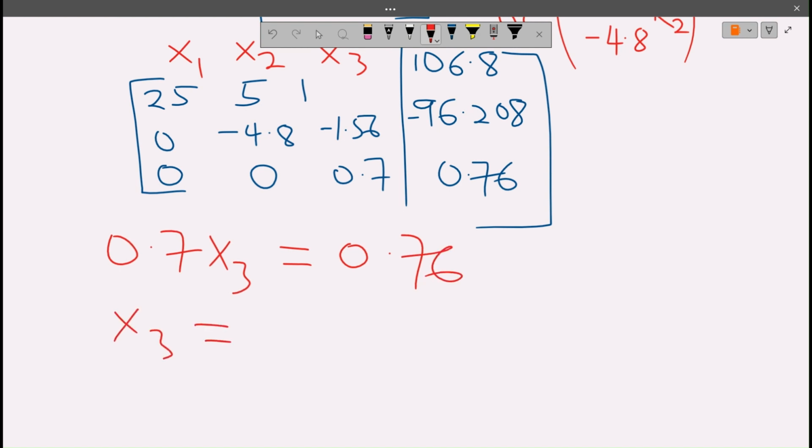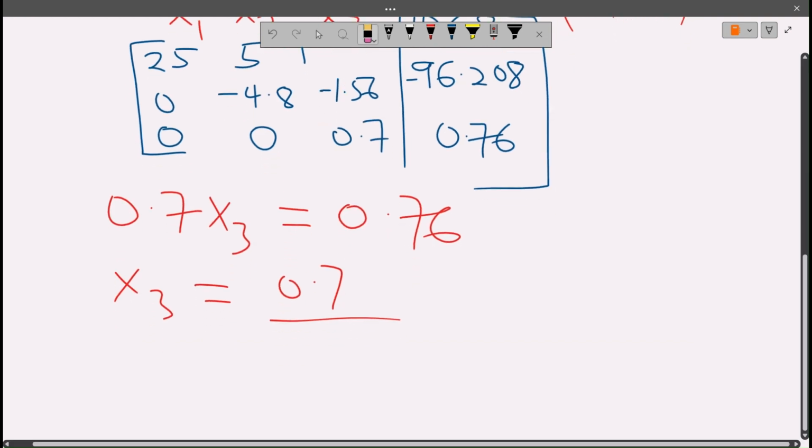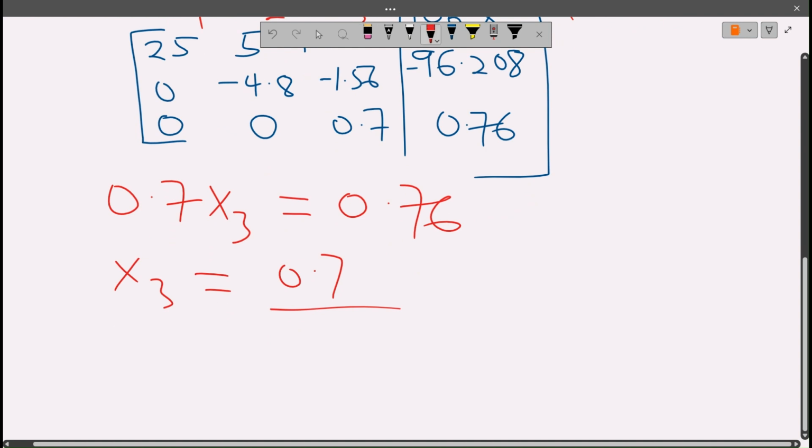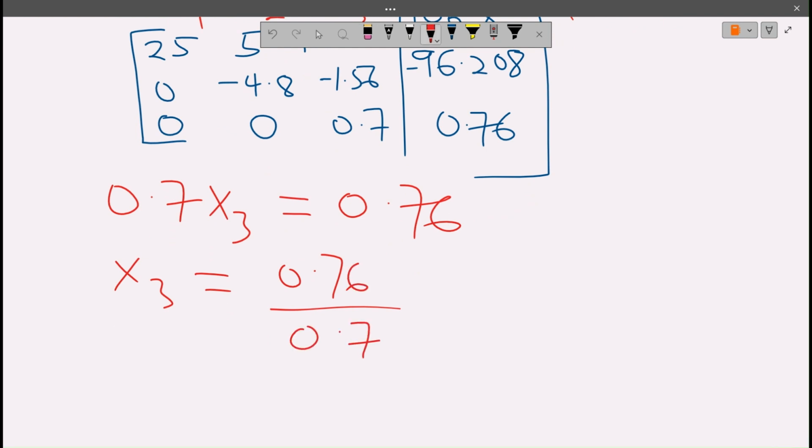S3 is equal to 0.76 over 0.7. Now we have our S3 to be 1.08571.